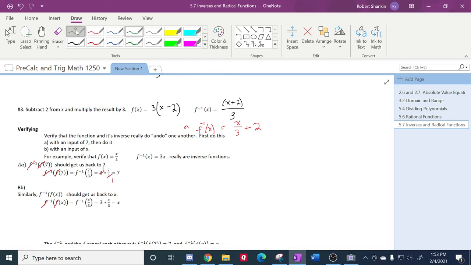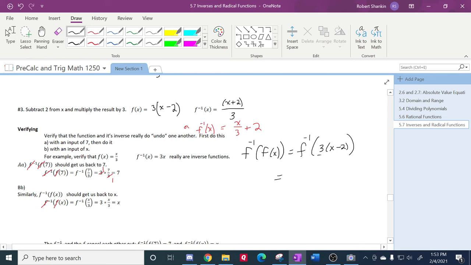So let me go in black. F inverse of f of x. We do the inner one first. Now the f inverse, if I use the one that was in black, would look like this.